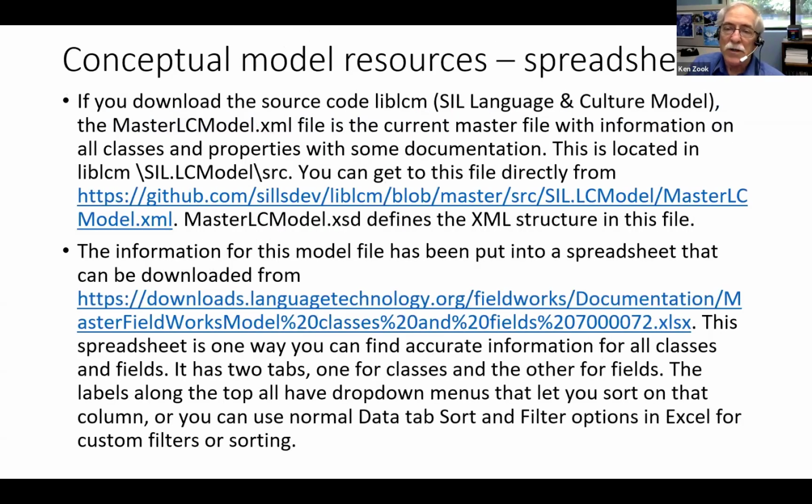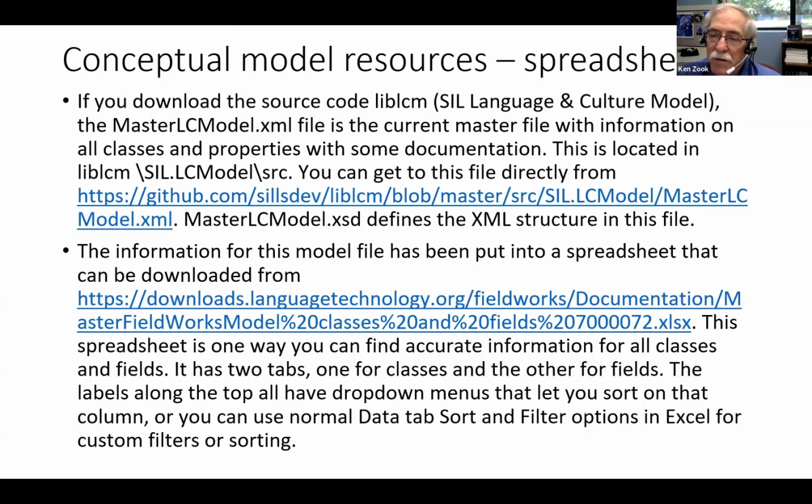Okay, we have a spreadsheet that's up to date with the model, since that diagram is out of date in some areas. When we build our source data, our source code, we have a single file called master lc model.xml that has all of the current master, all the classes and information regarding those classes.